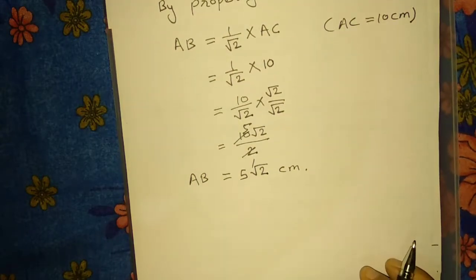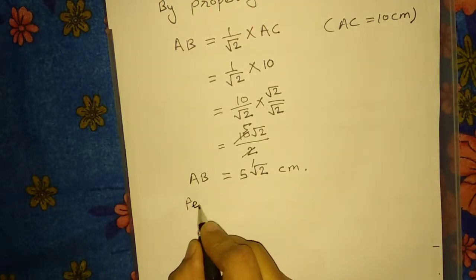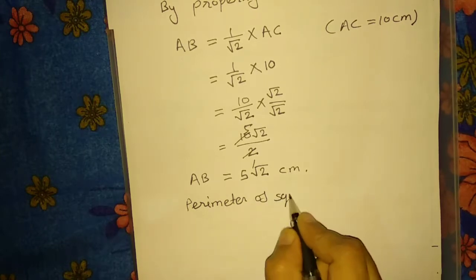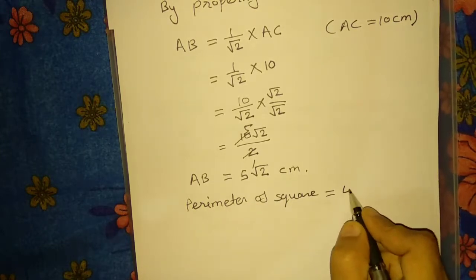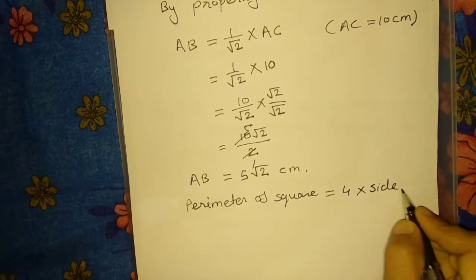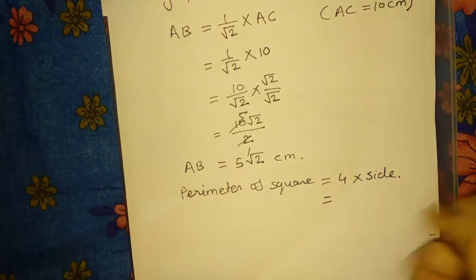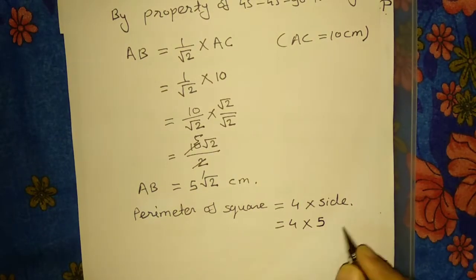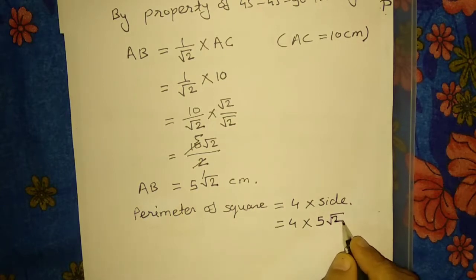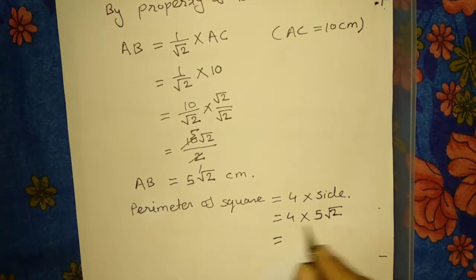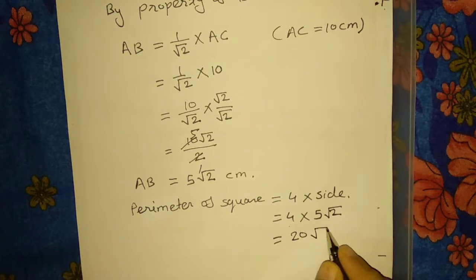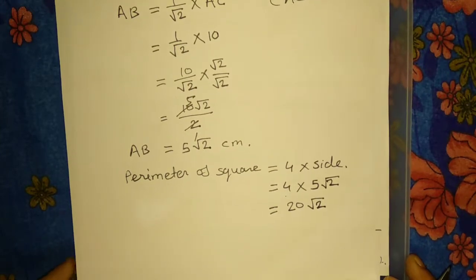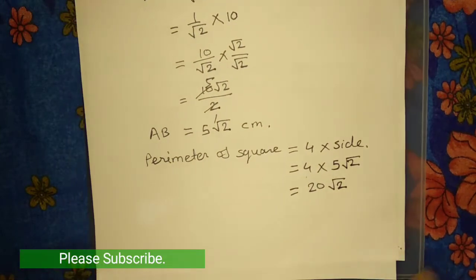Now we will find out the perimeter. And perimeter of square is equal to 4 into side. It will be 4 into side, 5 root 2, is equal to 4 5s are 20 root 2. इस तरह से हमें आंसर मिल गया है. सो विल राइट द आंसर.